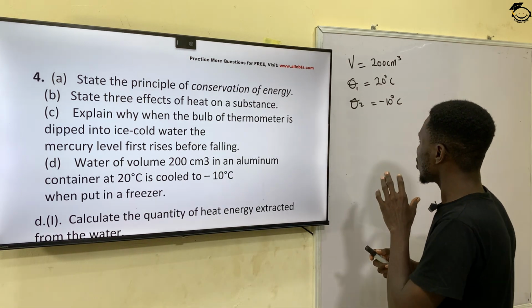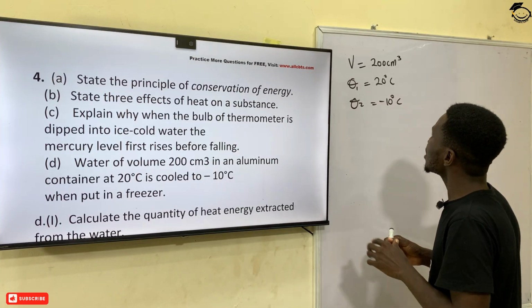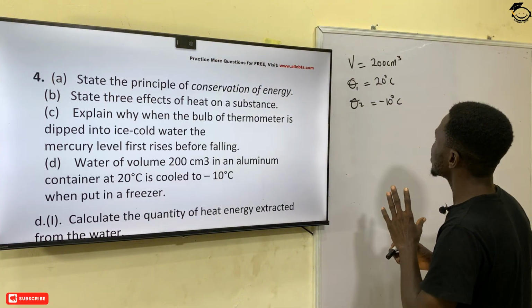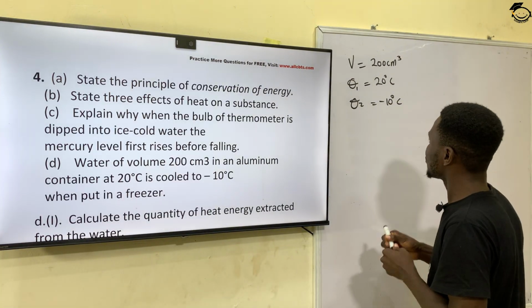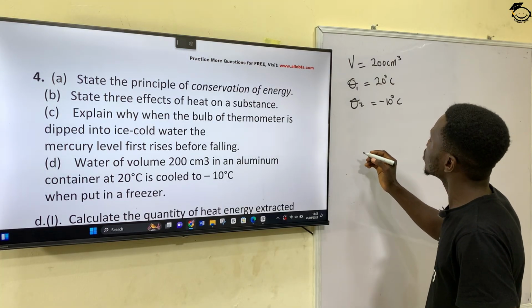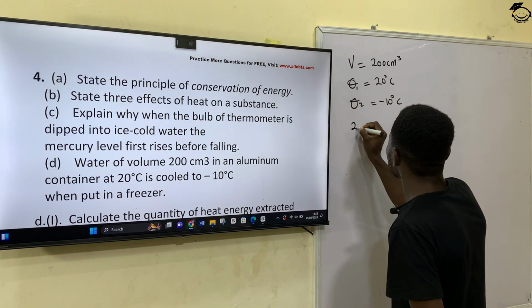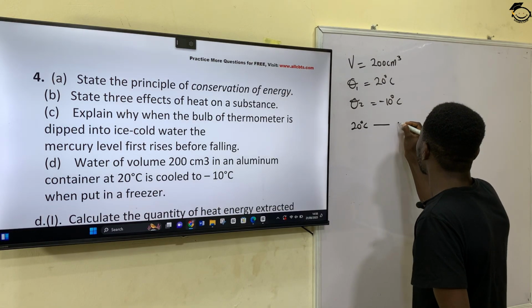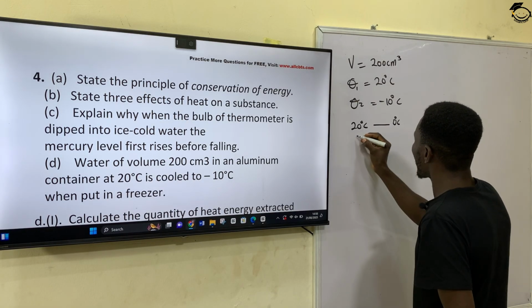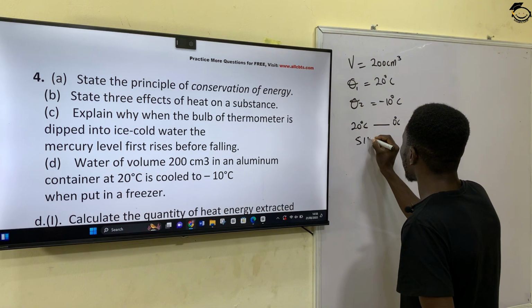So looking at this, the first thing that you're going to discover here is that this particular water has passed through 3 different stages. Now we know that first you are going to extract heat until it is 0 degrees. So from 20 degrees Celsius to 0 degrees Celsius, I'm going to be having specific heat capacity.